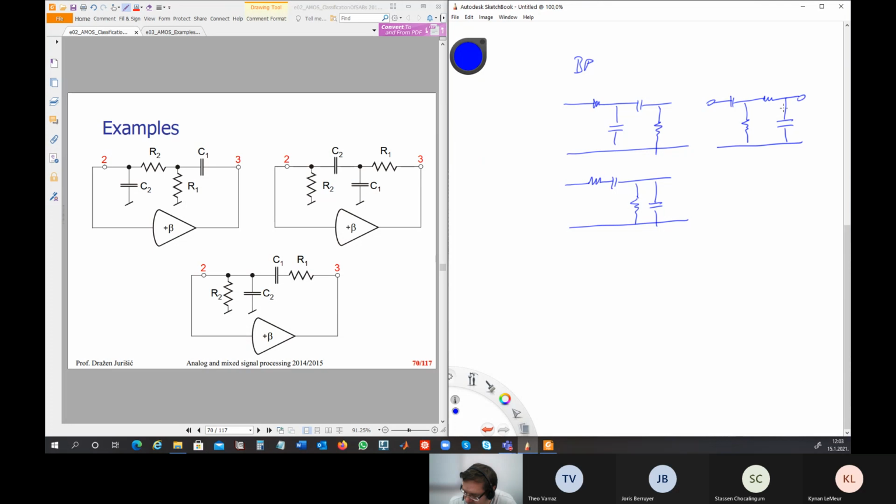So these are all bandpass networks, and of course, they are in the feedback, like here, like here. So these are all possibilities of T32. Okay.